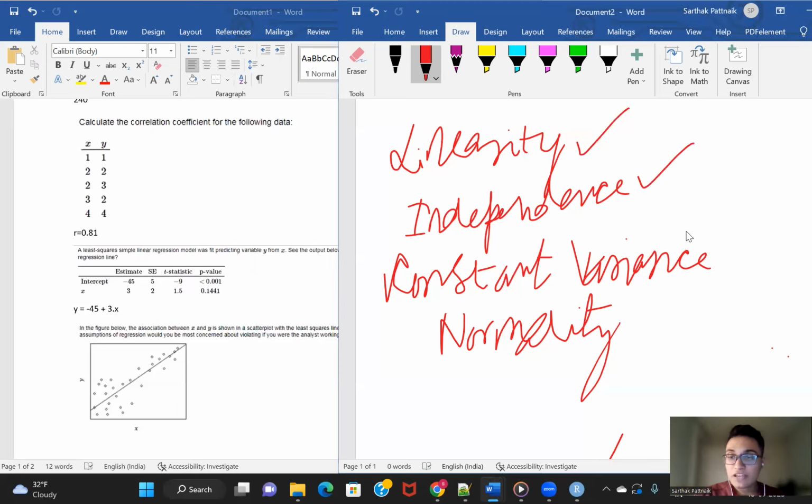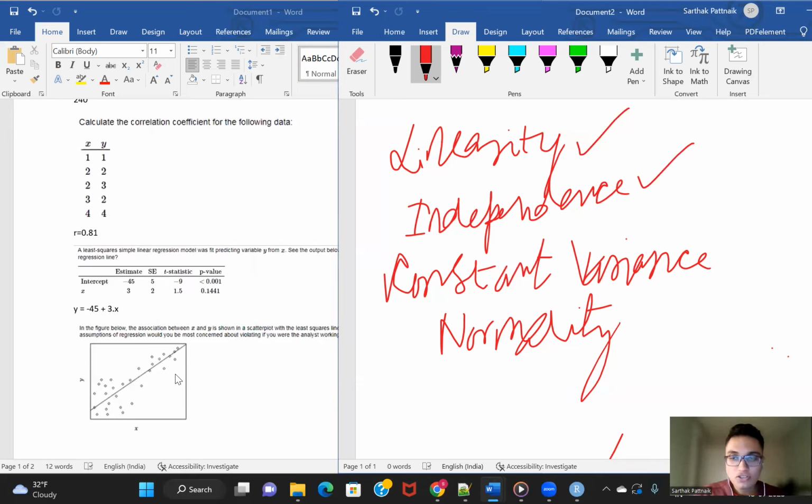When it comes to the variance, you can see that the variation of points in the residual plot of this corresponding scatter plot is reducing as the line is moving forward. So there is more variance over here and there is less variance over here.